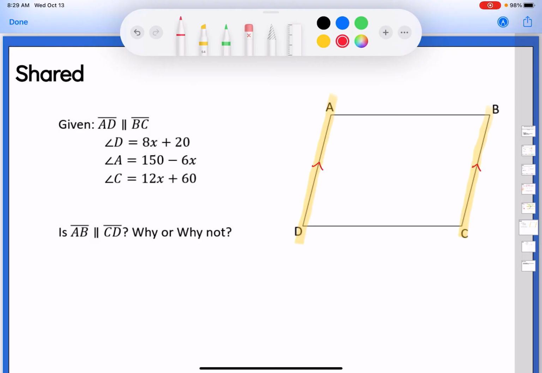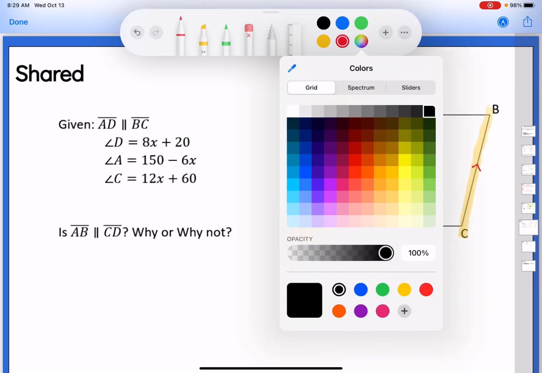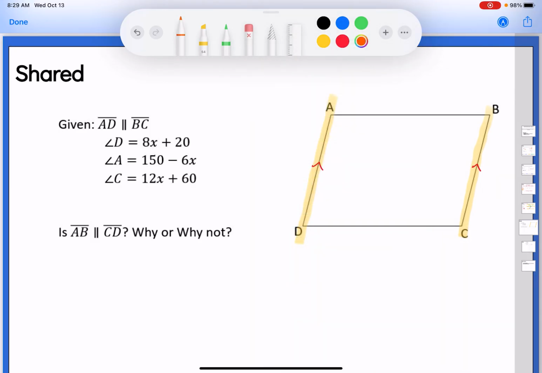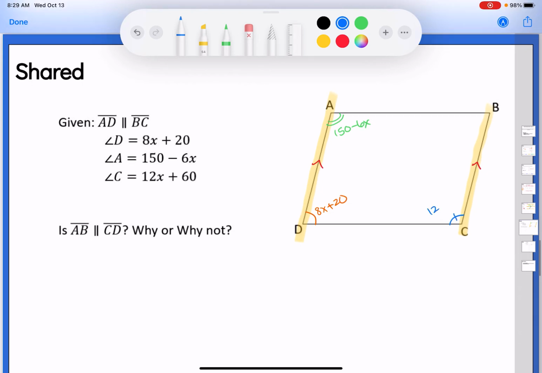It says that angle D is 8x plus 20. Angle A is 150 minus 6x. And angle C is 12x plus 60. So I have my picture all marked up. The question is, is AB parallel to CD?